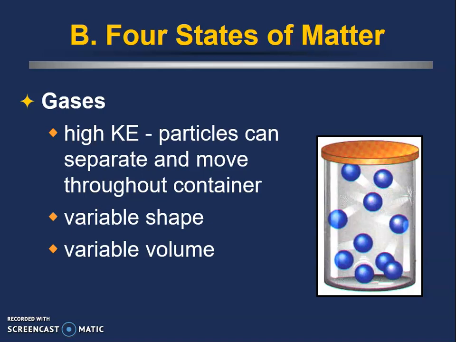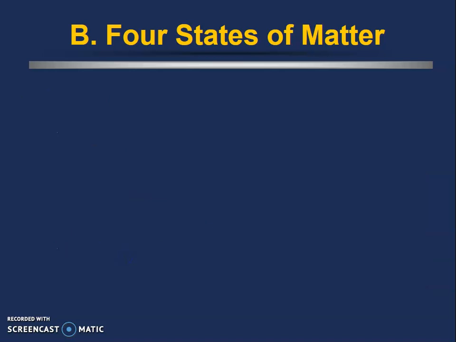They take on the volume of their container. That's why when you're boiling water on the stove, you see that steam rising. That steam is those water particles turning into a gas, and they are spreading out in your kitchen, taking up all that space.